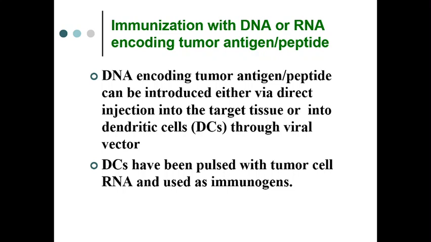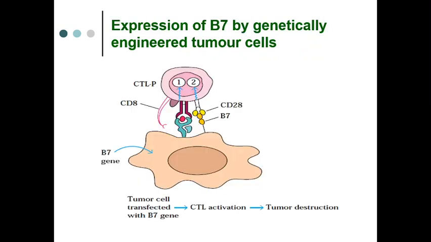By making these dendritic cells process these DNA and RNA and express these antigens on their own, the processed antigens are expressed by these dendritic cells either on class 1 MHC or class 2 MHC, and will trigger the CD4 as well as CD8 T cell response against the tumor, which is in fact growing in the individual.